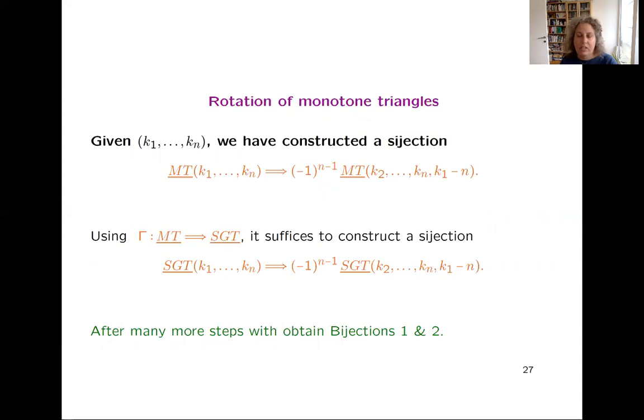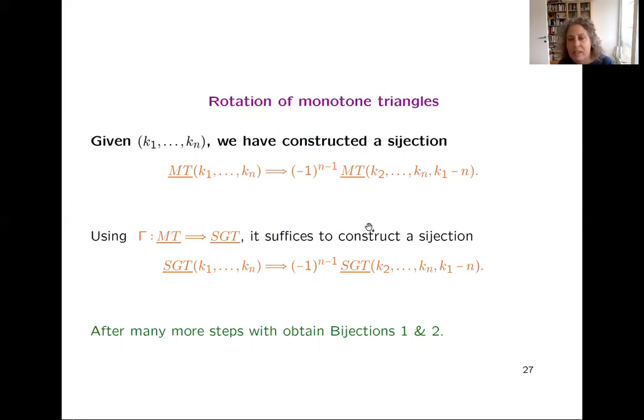Here's how we apply this. For our bijections 1 and 2, that's a crucial surjection here: a surjection from monotone triangles with this bottom row to monotone triangles with this bottom row up to a certain sign, where we have moved the leftmost bottom entry to the last position and subtracted n.